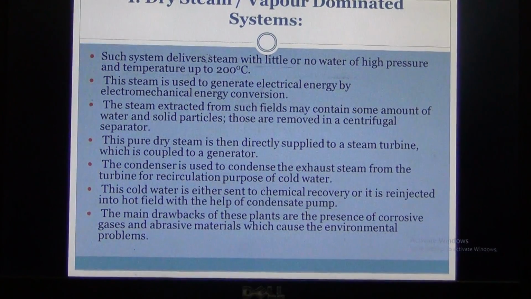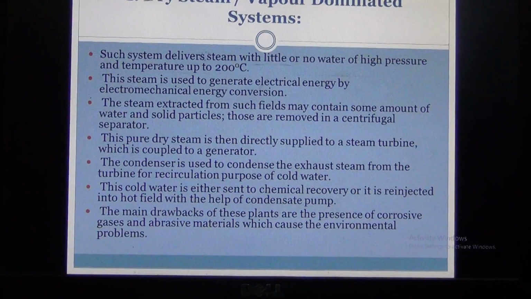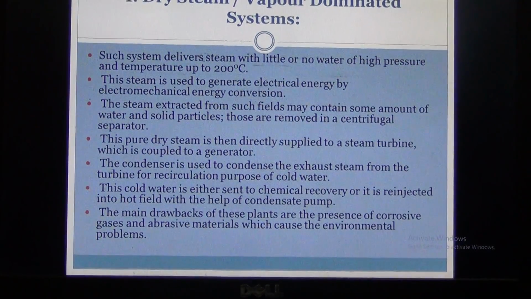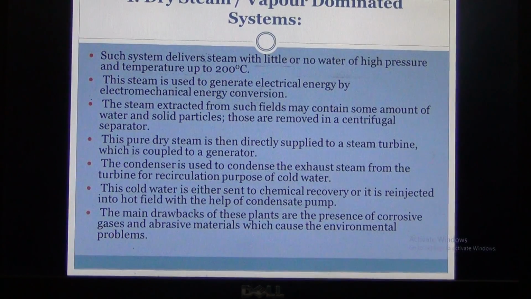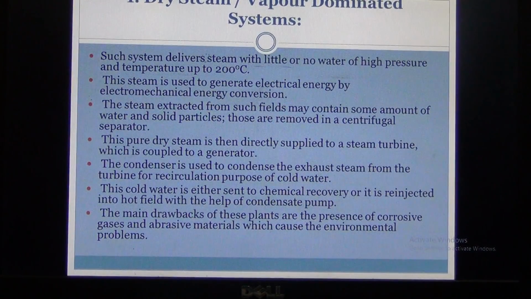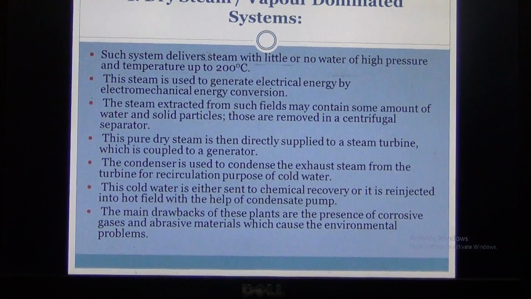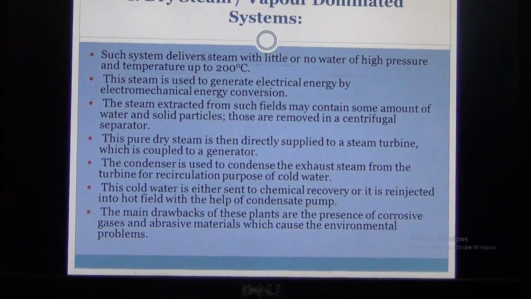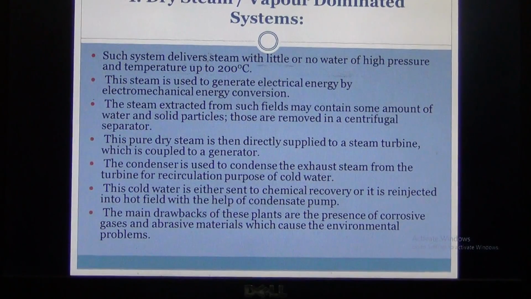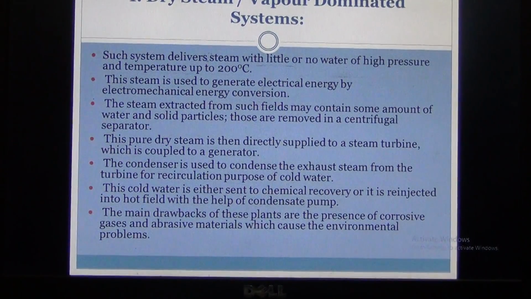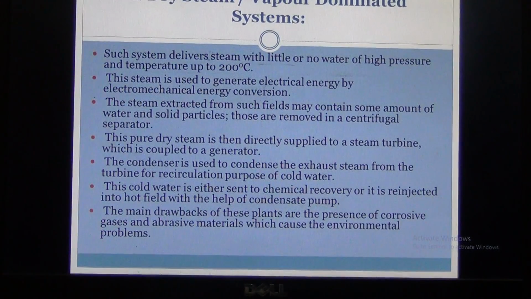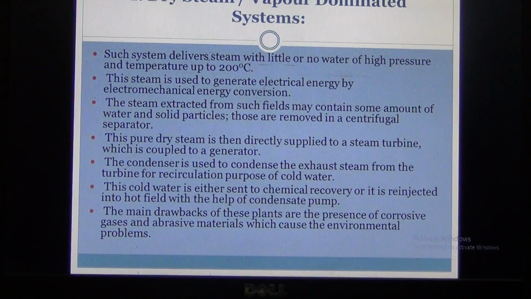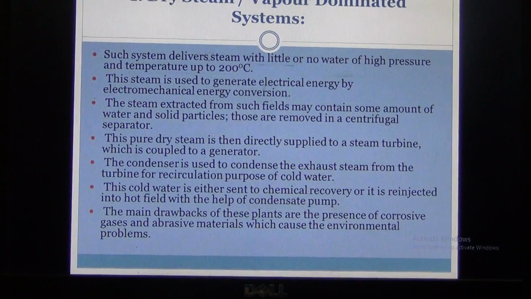Now we will study the dry steams, that is vapor dominated systems. The system delivers steam with little or no water at high pressure and temperature up to 200 degrees Celsius. This steam is used to generate electrical energy by electromechanical energy conversion. The steam extracted from such fields may contain some amount of water and solid particles. Those are removed in a centrifugal separator.